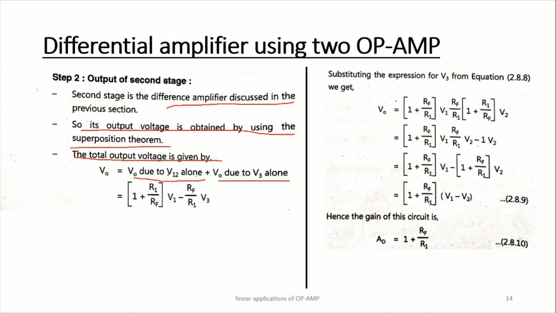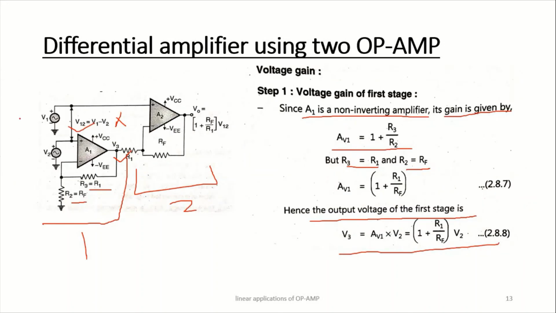So the voltage output due to V12 is 1 plus R1 by RF into V1, where R1 is the input resistance, RF is the feedback resistance and V1 is the input voltage.